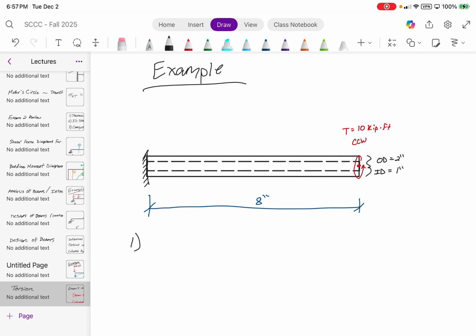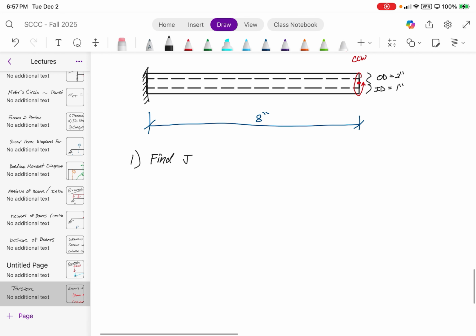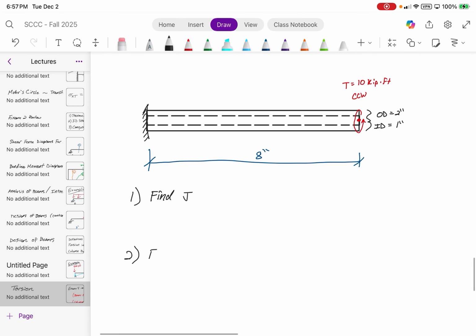What I want now is, firstly, for you guys to find J. 2, for you guys to find the maximum shear stress. Or better yet, instead of saying find, I'm gonna say draw tau from the radius.